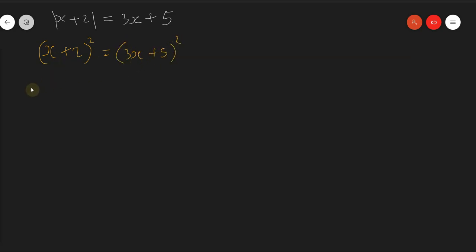Right, so if we square the left side, we would get x squared plus 4x plus 4 equal to 9x squared plus 30x plus 25.